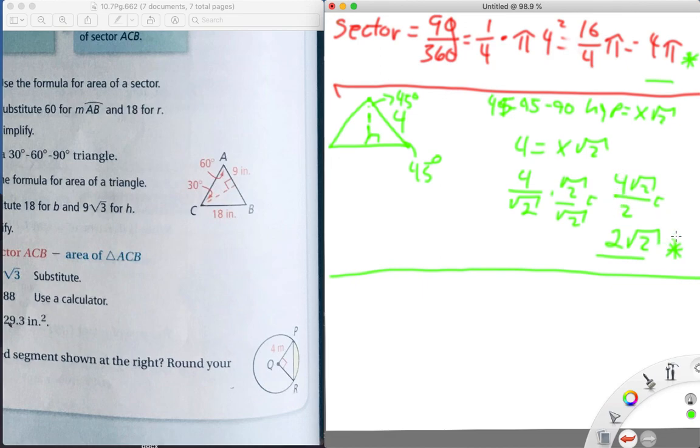I'm rushing. 2 times the square root of 2 is your leg, or your apothem. So this is going to be our apothem, or our height. So we're not done yet. So area of triangle is 1/2 base times height.